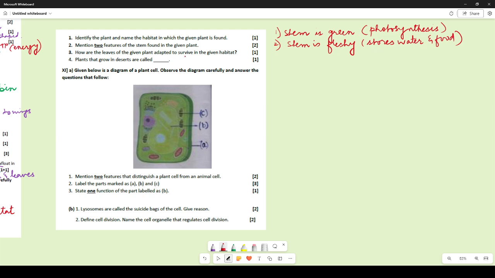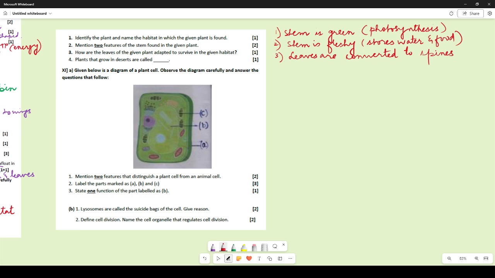How are the leaves of the given plant adapted? Now here you have to mention the part with leaves, right? So the leaves are converted to spines. Spine means कांटे जैसे बन जाते हैं.